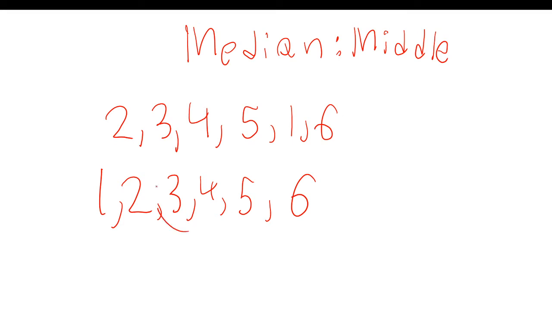So here we see we have two middle numbers, 3 and 4. Whenever we have two numbers, for the median we take their average. We take the arithmetic mean of 3 and 4. 3 plus 4 is 7. Two values, divide by 2. Our median is 7 over 2.